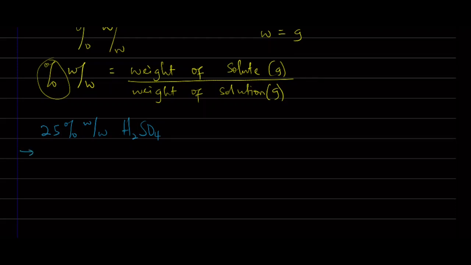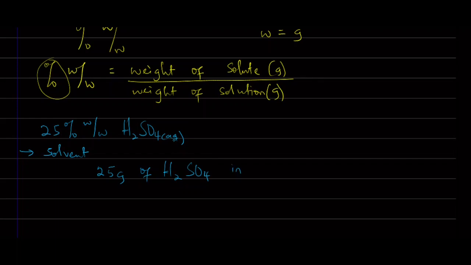So let's say we are using it with respect to the solvent, and I want to interpret 25% weight per weight of H2SO4. I'll simply say that 25 gram of H2SO4, since I'm dealing with weight to weight, is present with respect to the solvent.